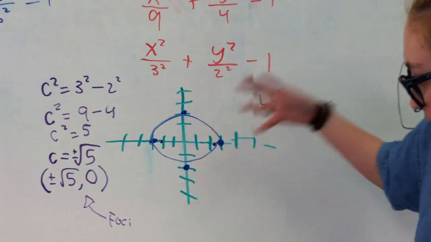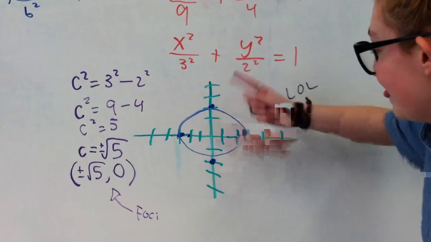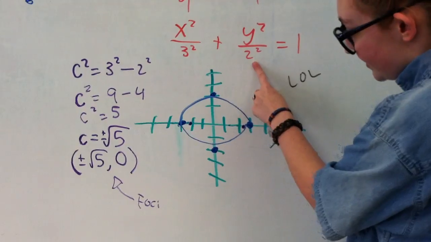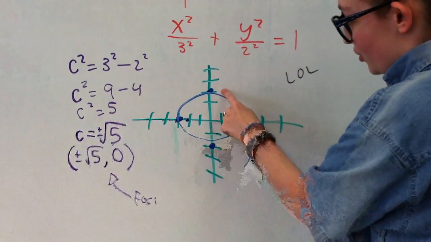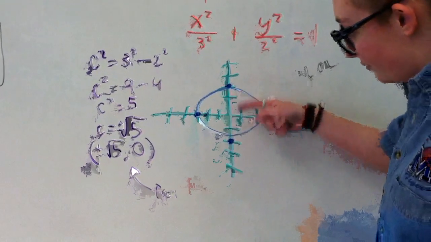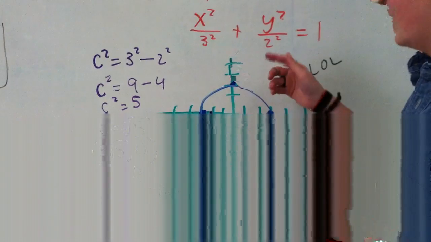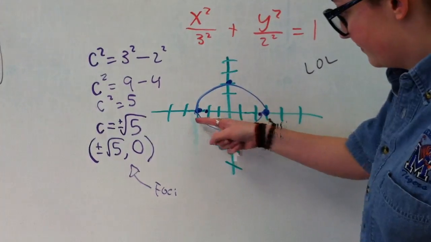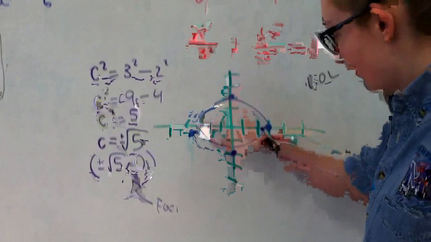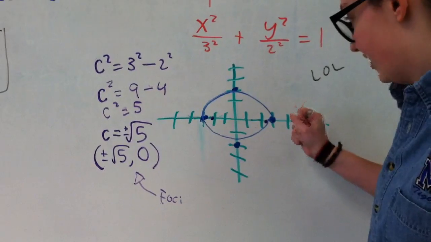Now put it into the graph. Your covertices are at plus or minus 2, because covertices are b, and your vertices are at plus or minus 3. So you put them there, and then you have your little ellipse, which is horizontal.